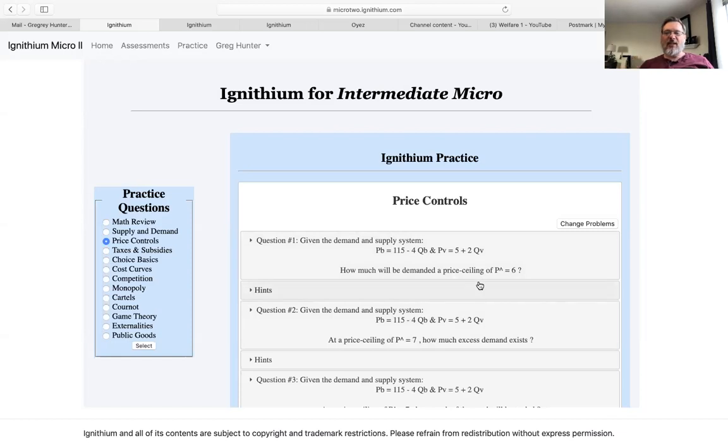For a price ceiling, I like to call them price caps, they're something that prevents the price from going too high, and a price floor is like a price support. It prevents the price from going too low, and so you always have to ask yourself, is it too low or too high relative to what?